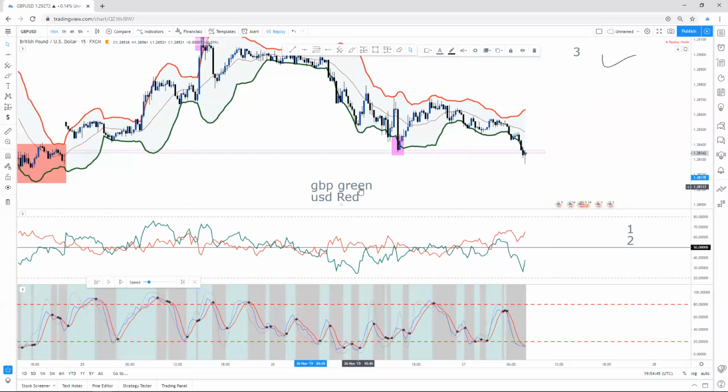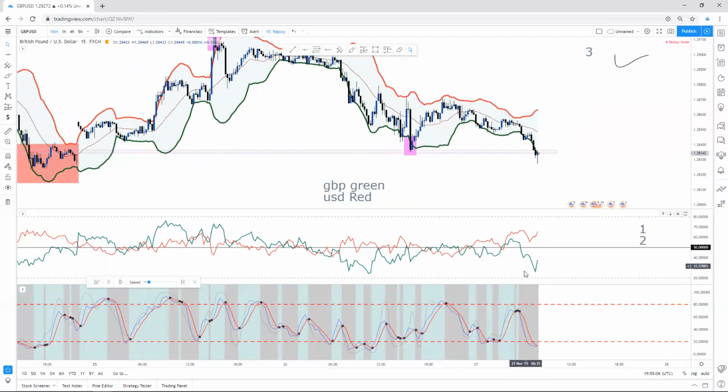Green symbolizes buy, just like the Bollinger Band on the lower side symbolizes buy, okay? So in order for us to confirm that the market is going up, the predominant pair, which is GBP, needs to gain strength, okay? It needs to gain strength.